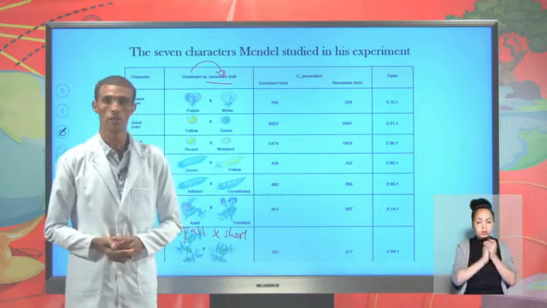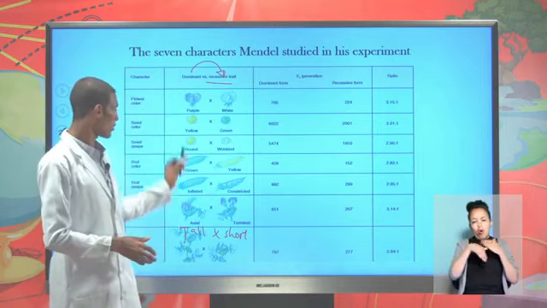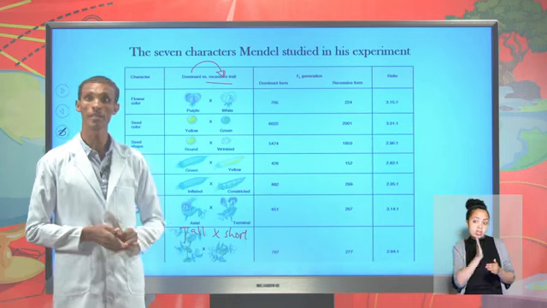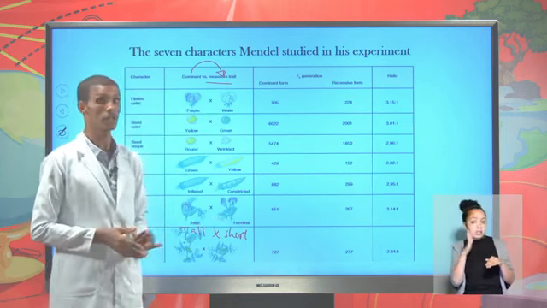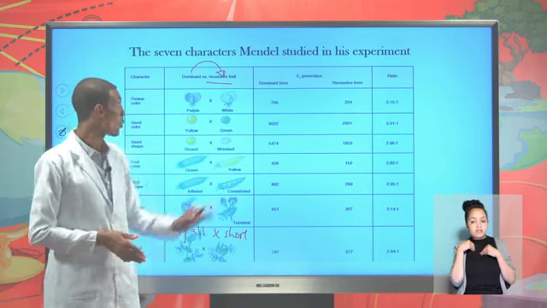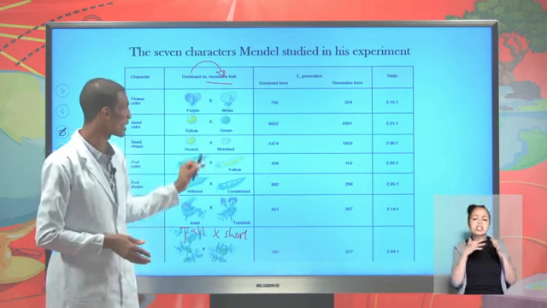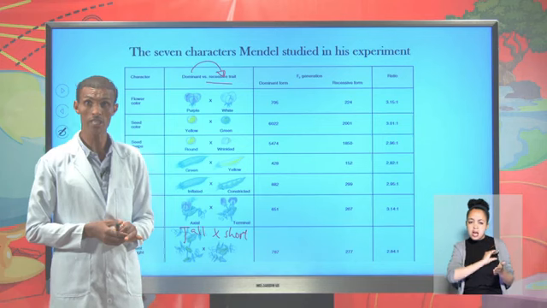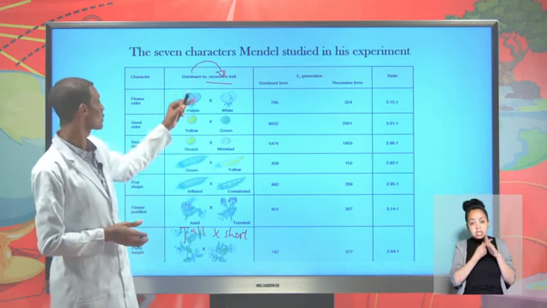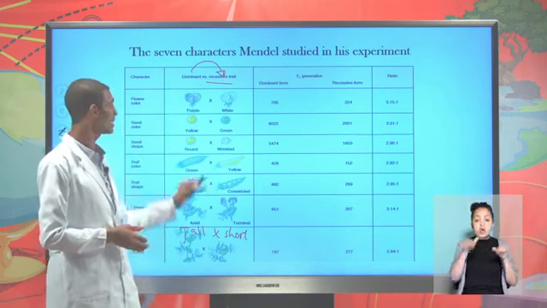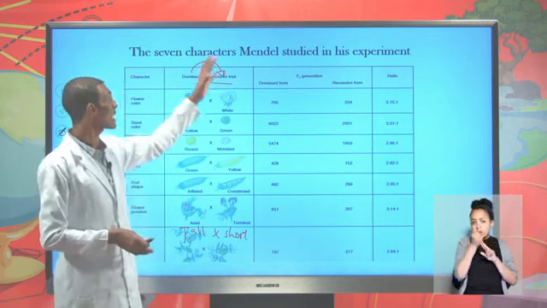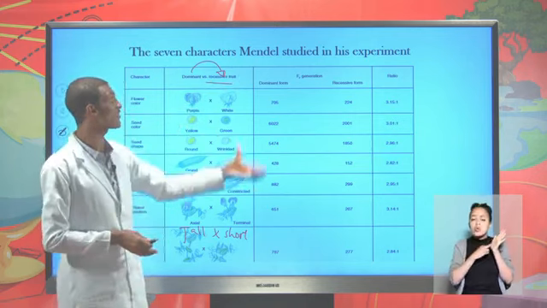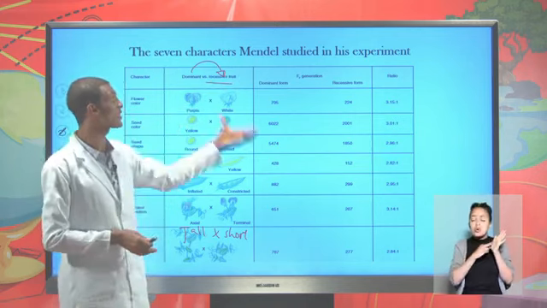Student, all characters found on this side are dominant over the characters found on this side, which are recessive. Here we will see the cross following these characters. He starts with the homozygous dominant on this side and the homozygous recessive on the other. There is a rule. He selected these 7 traits out of 31 to deduce the rule of inheritance.